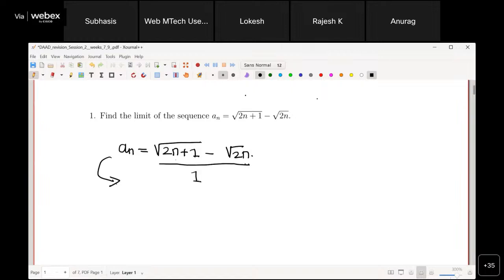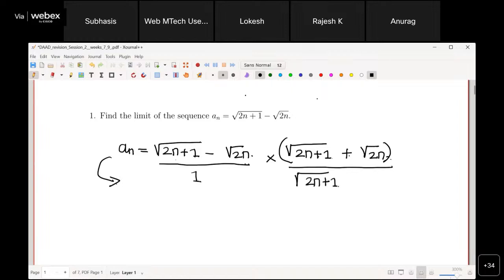So first let me multiply the numerator by square root of 2n plus 1 plus square root of 2n, and then multiply the same thing in the denominator. In the end, I'm multiplying by 1, so I'm actually not changing the sequence. I have basically the same sequence.